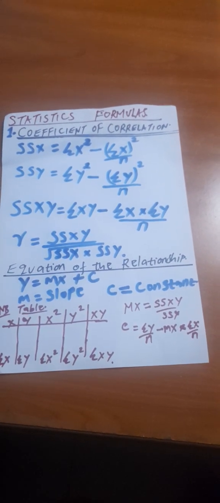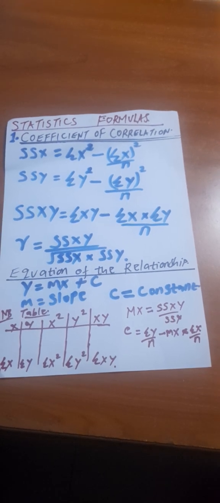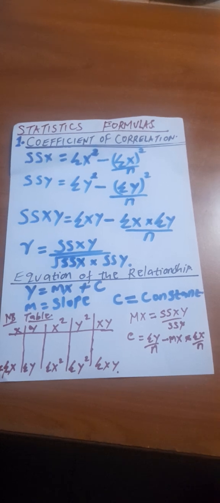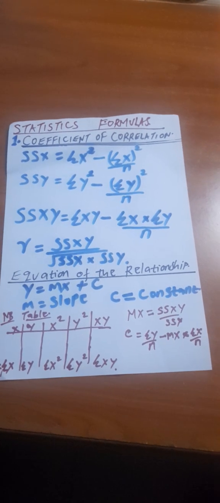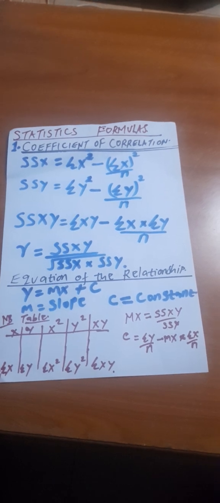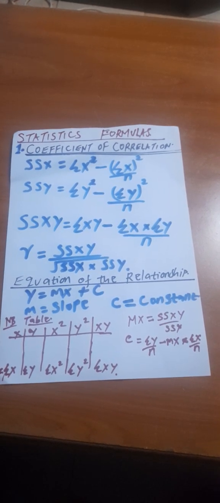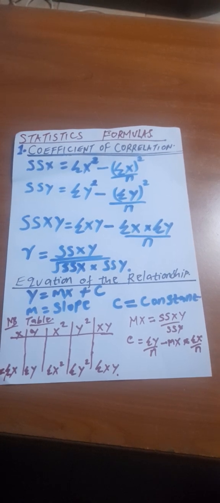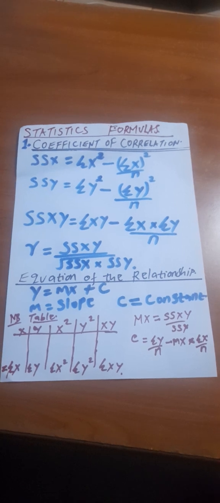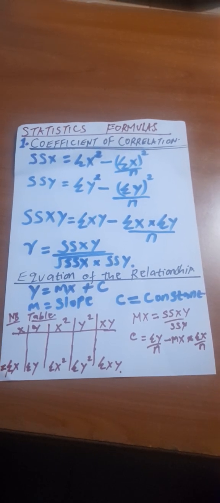You find m by dividing SSXY by SSX. Then for the constant, how do we find it? You take the summation of y divided by n, and subtract m multiplied by the summation of x divided by n. Then you make your equation y equals mx plus c, using the value you found for m and the value you found for c.